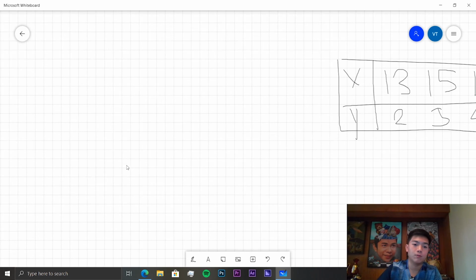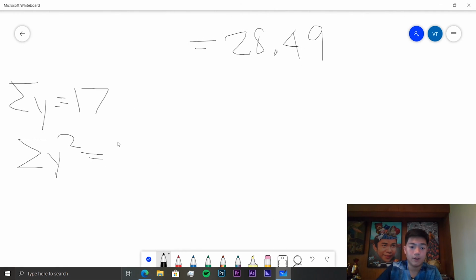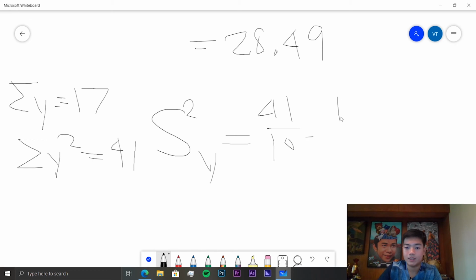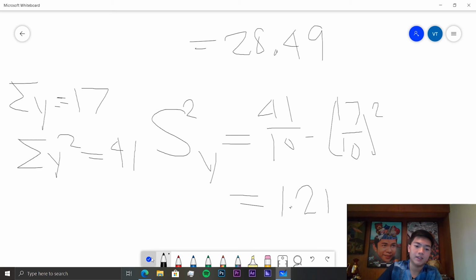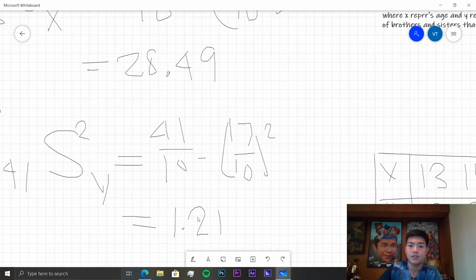It's equal to 41. So if we have 17 and 41, then the standard deviation of the y values squared will be equal to 41 over 10 minus 17 over 10 squared. So 41 over 10 is 4.1 minus 1.7 squared is equal to 1.21. So this is the square of the standard deviation in the y values.